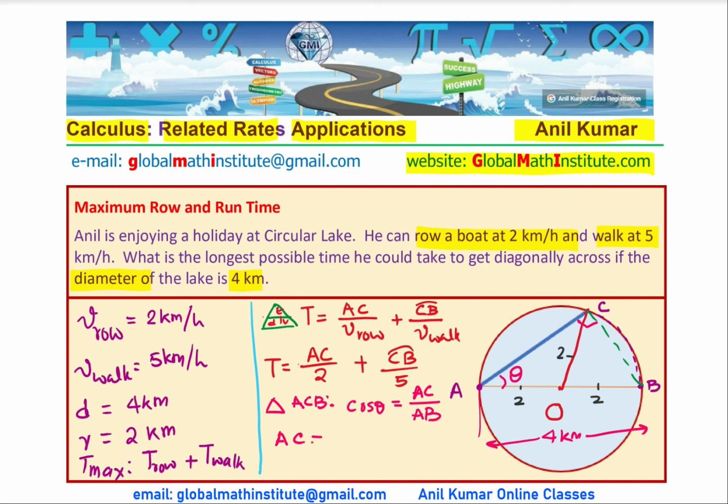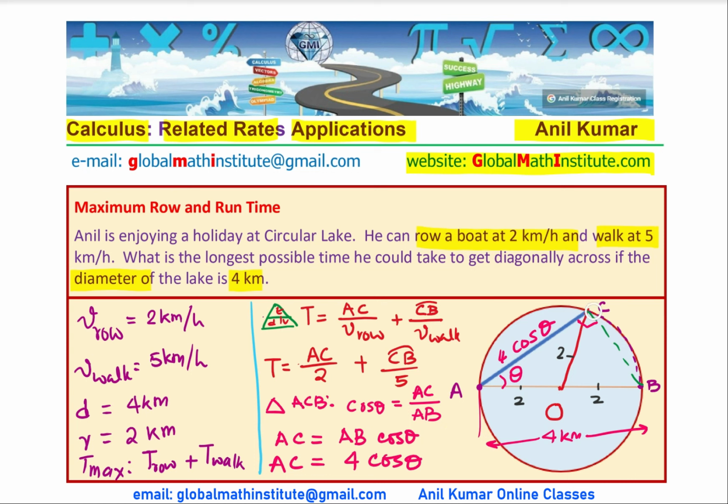So AC is basically equal to AB times cos theta. And AB is 4. So we get 4 cos theta as the length AC. Perfect. So we have found AC, which is 4 cos theta, using right triangle ACB.